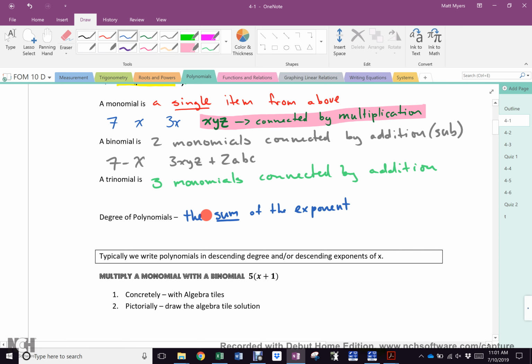Damn it, I forgot a word there. The greatest sum of the exponents in any one term. So, sum of the exponents, damn it, I forgot another word, of variables. Sorry, everyone, I'm getting ahead of myself. I'm trying to go fast so you can get to work.